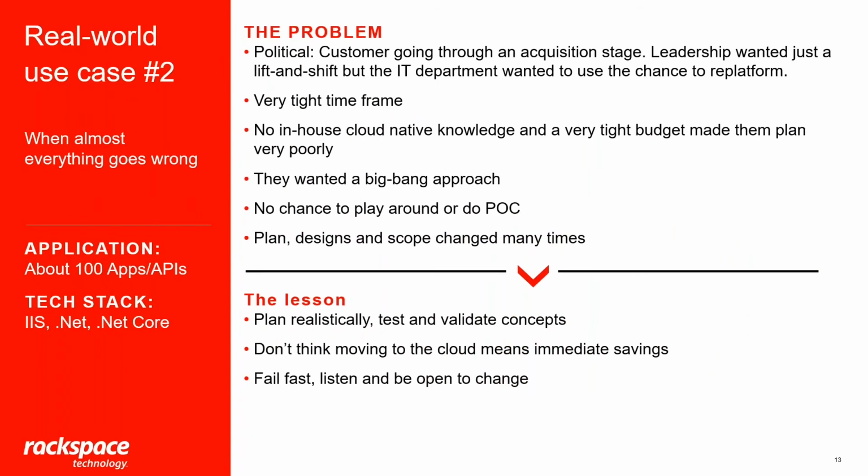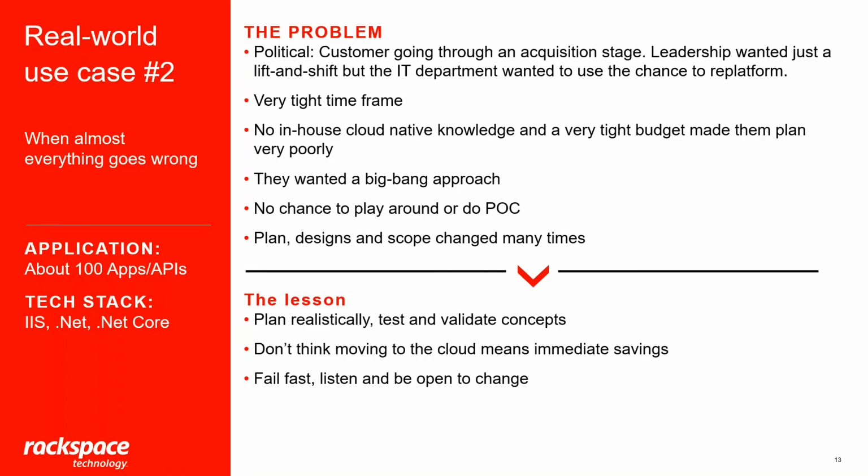In other cases, we had a customer in finance, and they had hundreds of apps and APIs. There was a disconnect with leadership. Leadership just wanted to do a very simple replatforming, a lift and shift, and keep running on VMs.